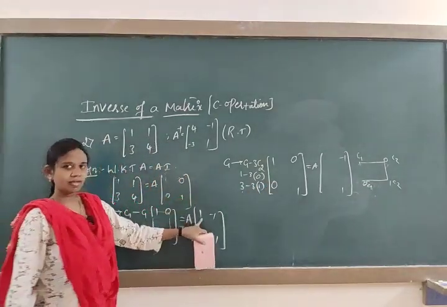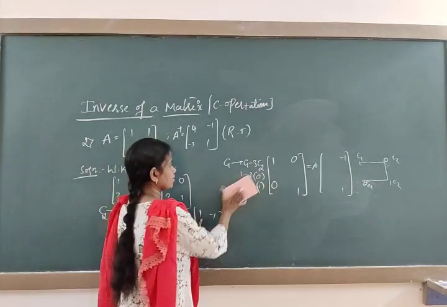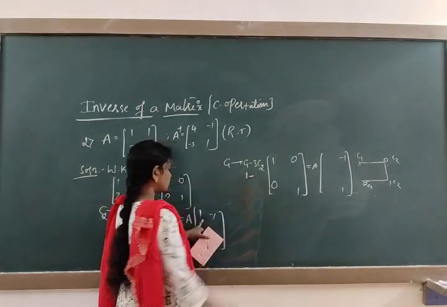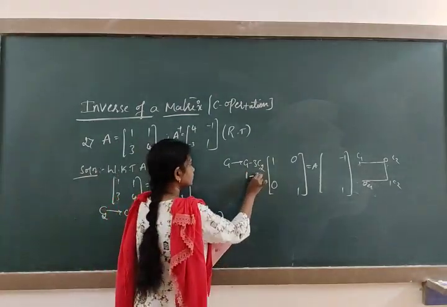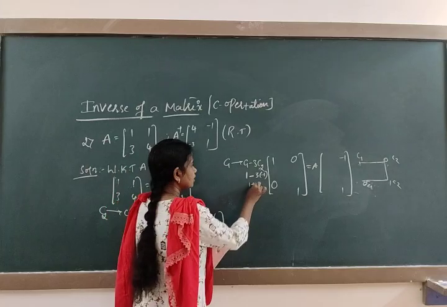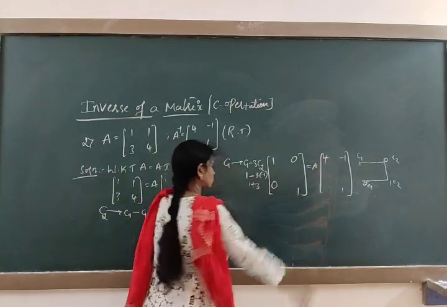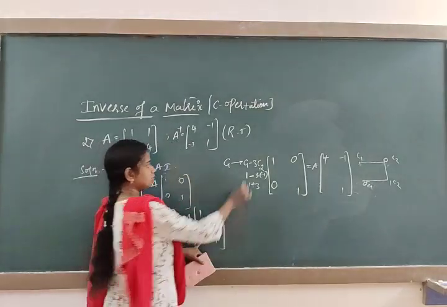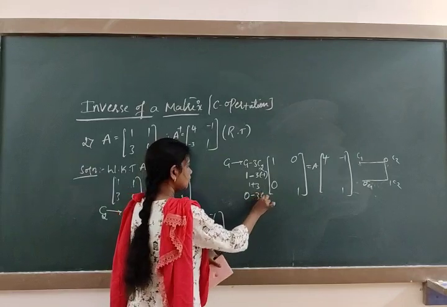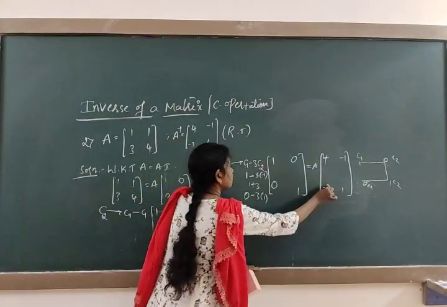Next C1 value is 1, 1 minus 3 of minus 1, so 1 plus 3 is 4. Next C1 value is 0, 0 minus 3 into C2 value 1 is minus 3.